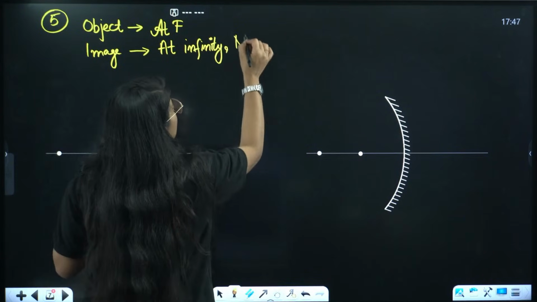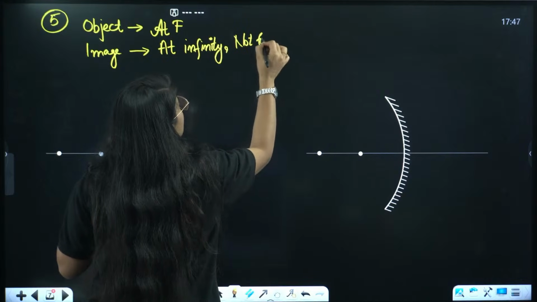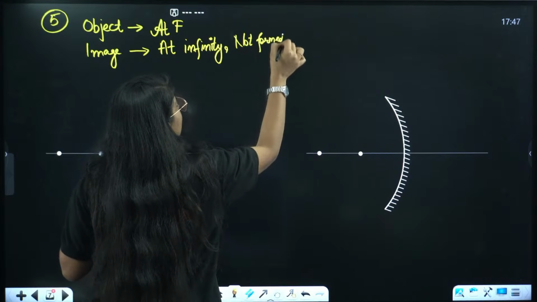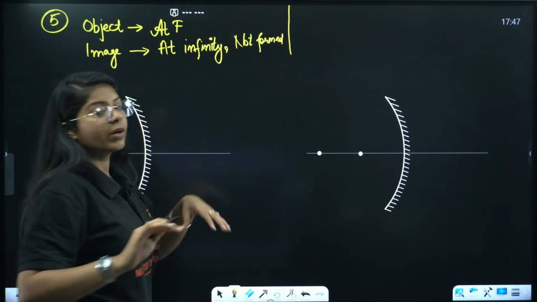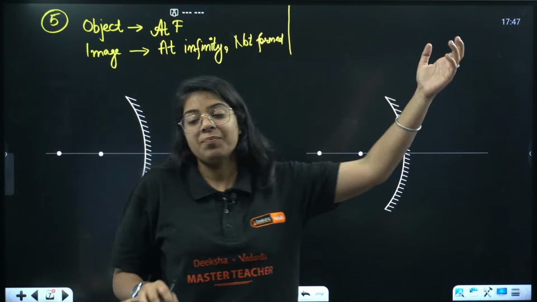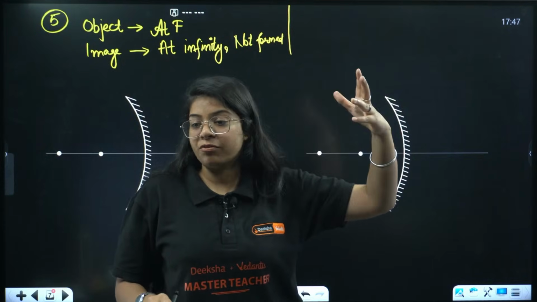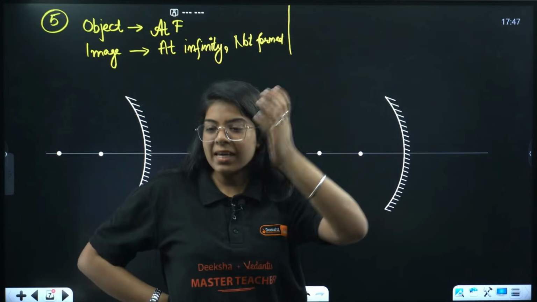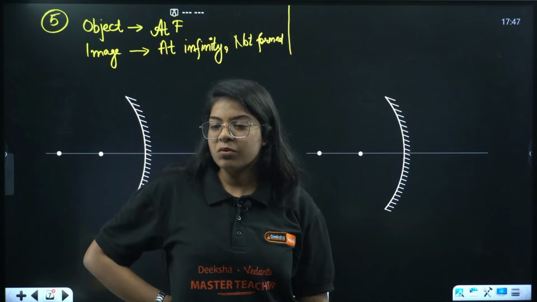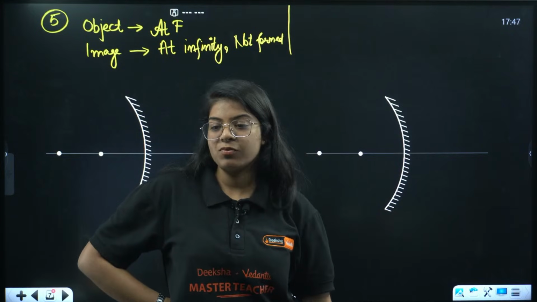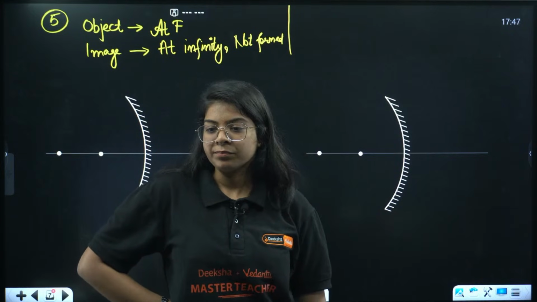The image is not formed because at infinity you cannot really see the image, right? You cannot place a screen at infinity and see if the image is being formed or not. Yes, solo edits, that's what I was saying. Very good. No image is formed, you can also write that.